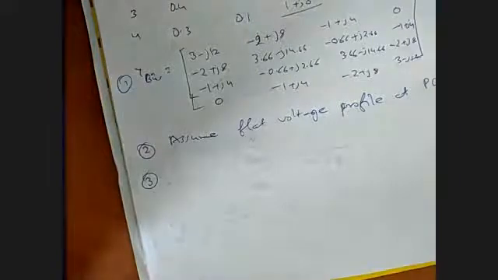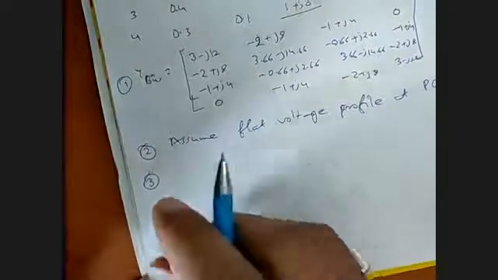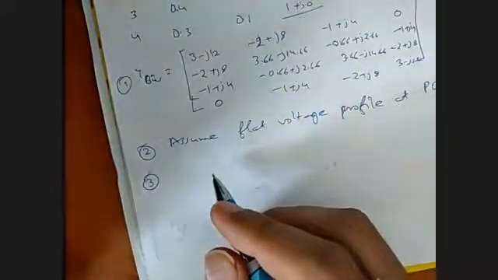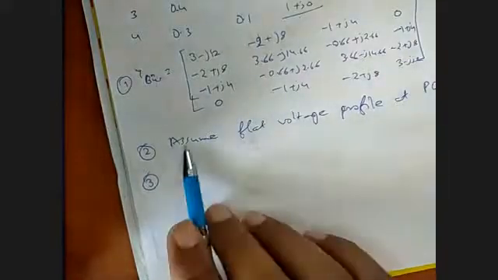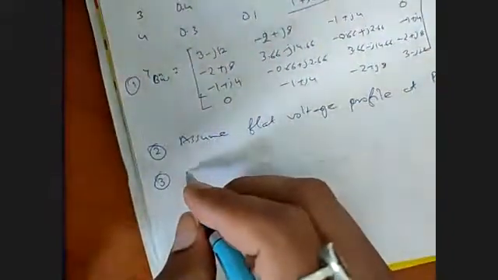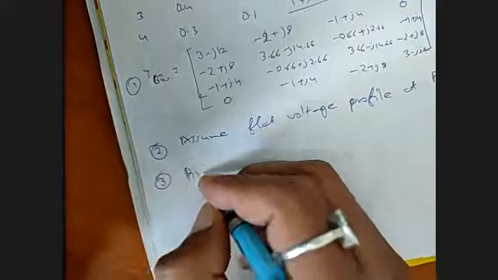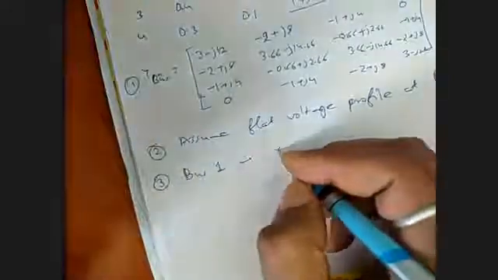Now step number 3, because in previous case all the buses are PQ buses, so we have directly calculated V2, V3. But because now PV bus is also included, so first I have to check bus number 1, because it is a slack bus, so no calculation.